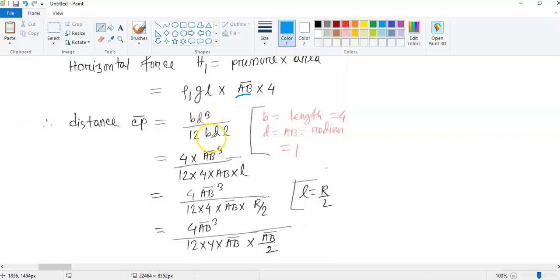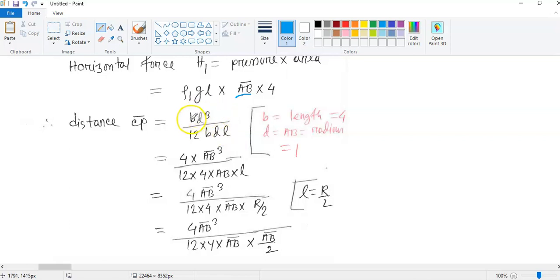What it is, let me explain. When you calculate the distance delta CP, the distance between the centroid and the center of pressure, B is the length, D is the radius, and L is the length from the centroid up to the free surface.